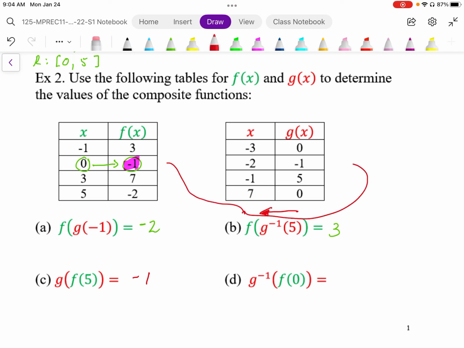I start from this side, and I'm going to go in this direction. So then the output of the inverse is going to be -2. Again, notice the flow chart. We start with 0, get an output of -1. That output is put backwards through the g function to get a value of -2.